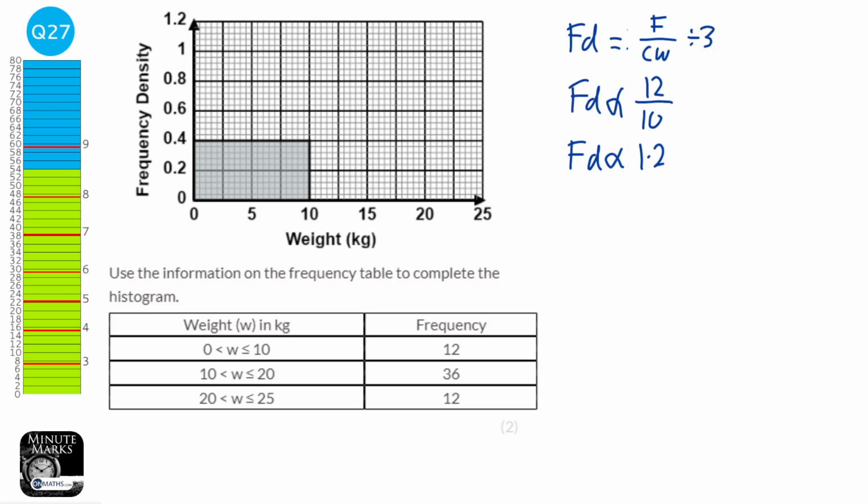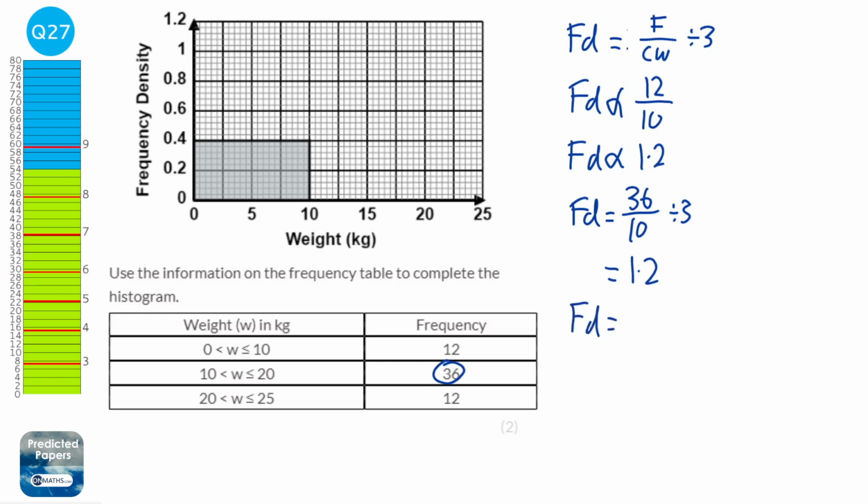Okay, and so to find out what the frequency density is for the next one, we're going to do the frequency, which is 36, divided by the class width, which is 10, and then divide it by 3. And so when we do that, we get the answer of 1.2. And then we're just going to do the same with the next one.